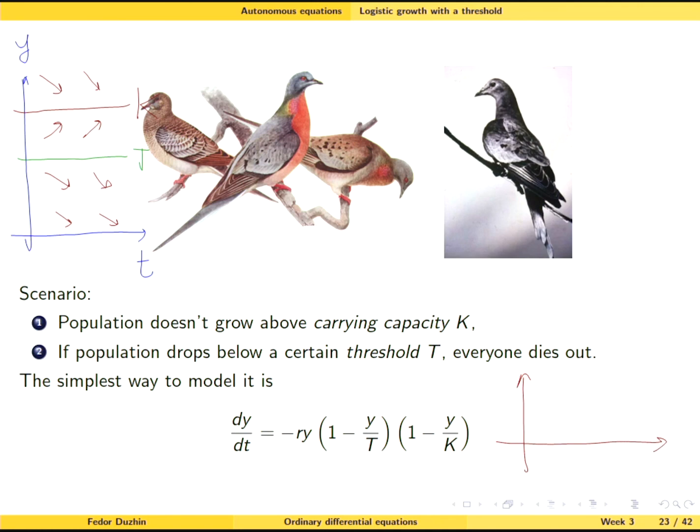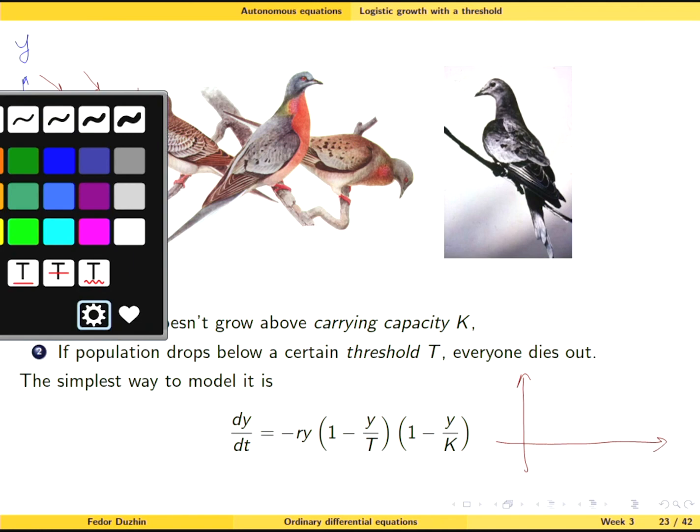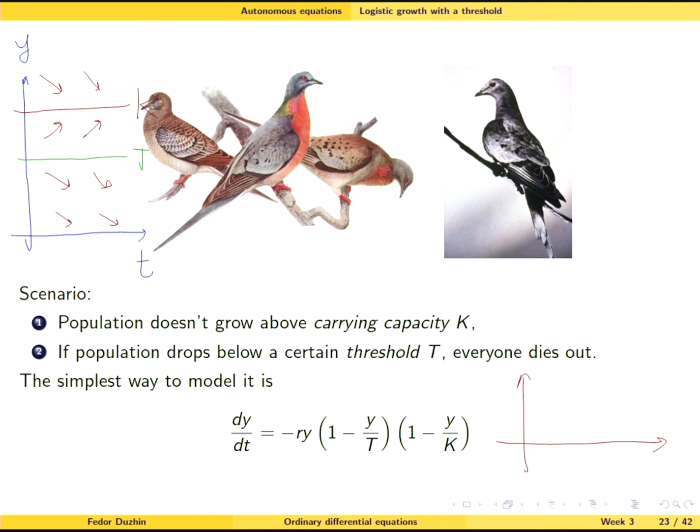This horizontal axis is y, so we need a function such that it is 0 at 0, then at T and K, then more than T is negative, here positive, here negative and positive.